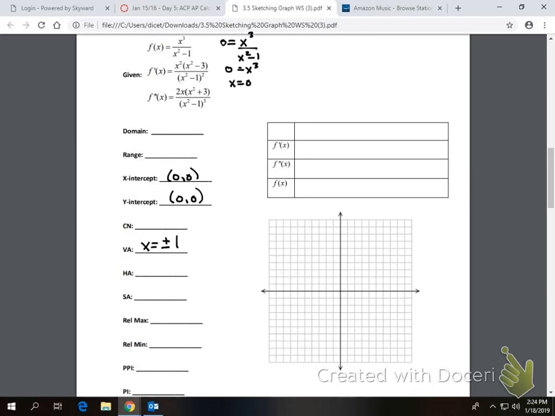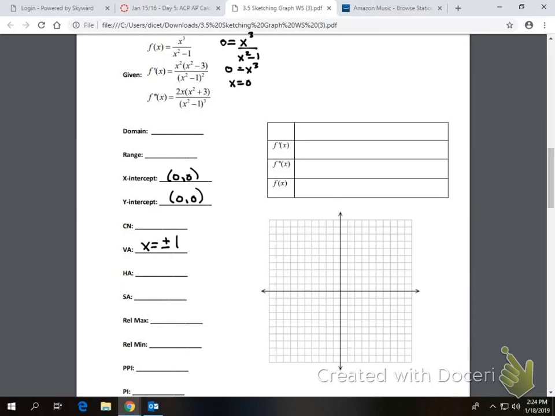What about horizontal asymptotes? The numerator's degree is bigger, so what does that tell me? Come on, you guys are all in pre-calc. If the degrees are the same, use the leading coefficients.